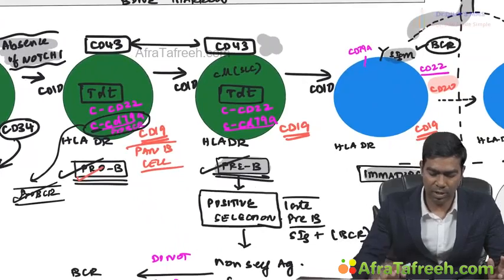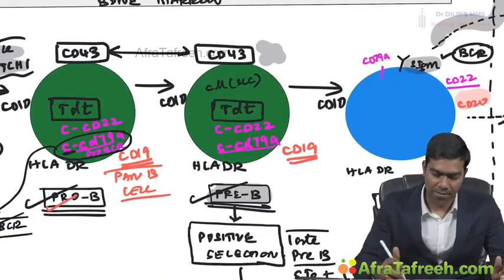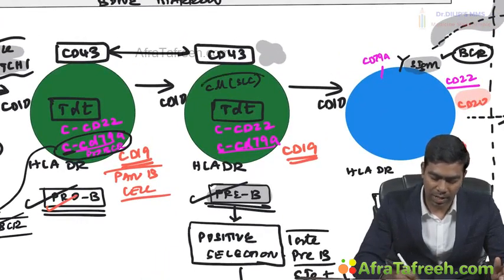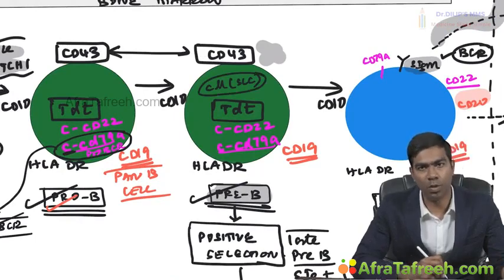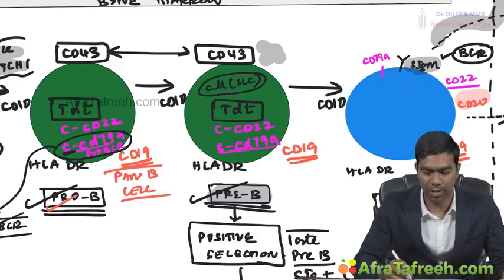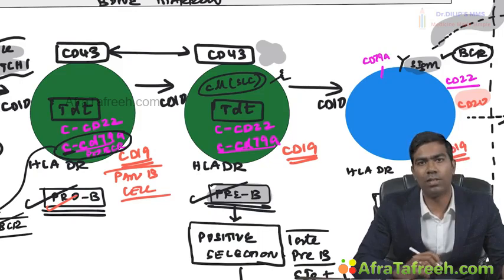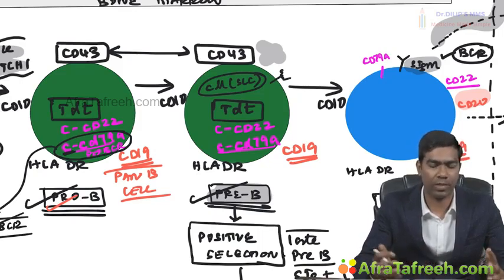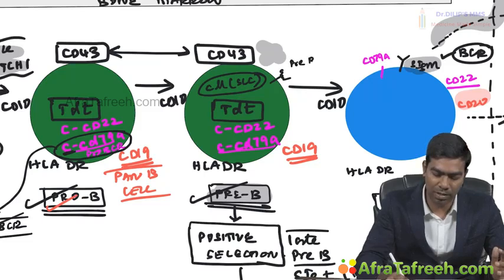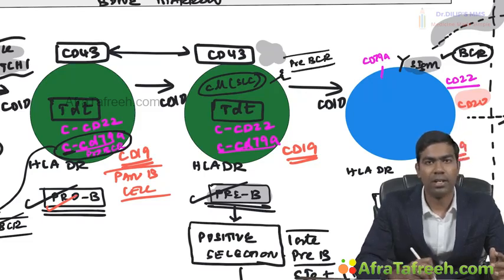In the pre-B cell stage, they will start expressing these surrogate light chains. The cytoplasmic mu will start to be expressed, and in the late stages they can also express a B cell receptor which will be very primitive. This is called a pre-B cell receptor.